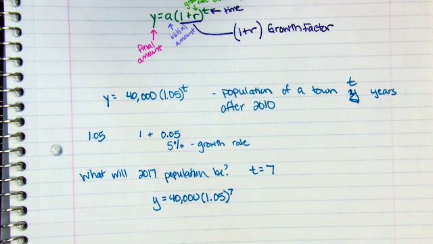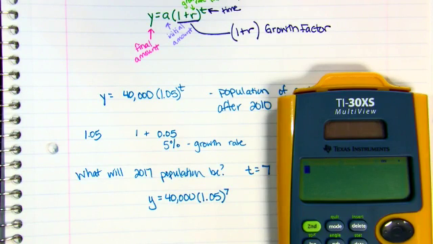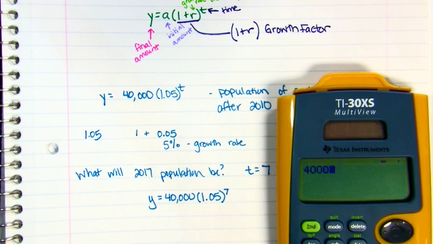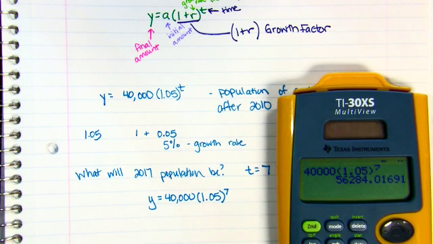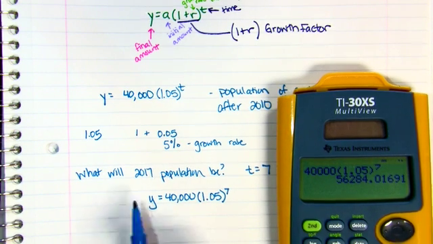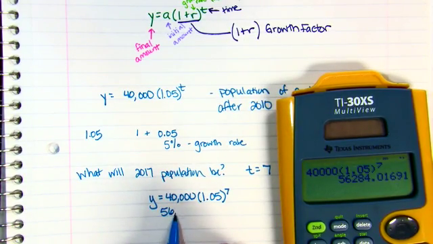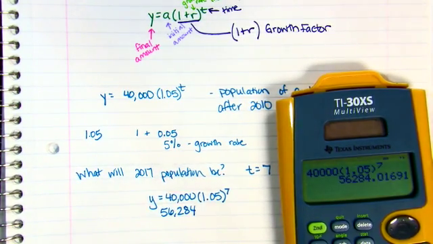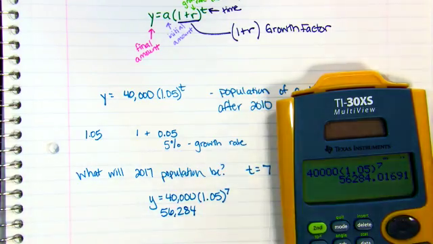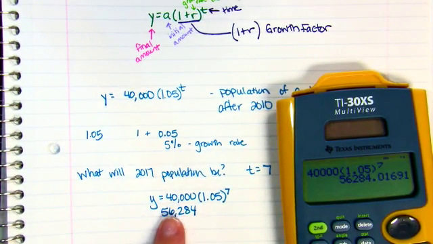Then I'm going to grab my calculator, plug this in, and figure out my answer. I do 40,000 times 1.05 to the 7th power, and I get 56,284. Now you might be asked to round that, maybe to the nearest hundred, so you'd say 56,300, but that tells me what the population would be in 2017.